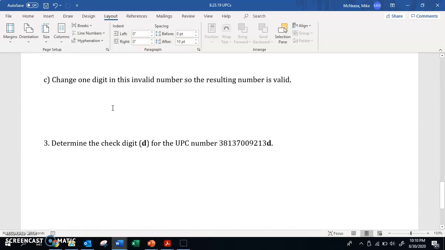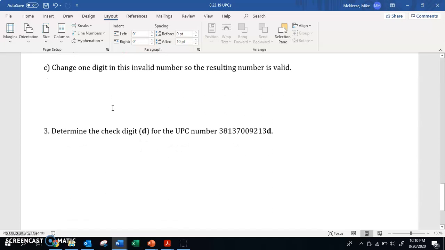Part C says change one digit in this invalid number so the resulting number is valid. So there's a bunch of ways you can do this. Some examples, you could change the second 0 to 6.